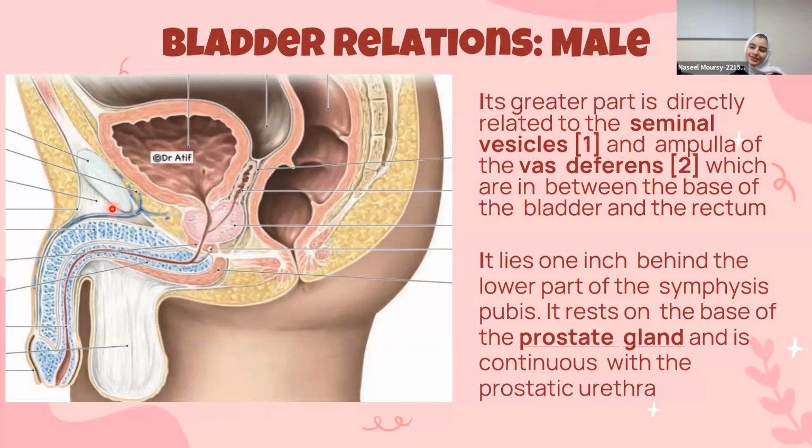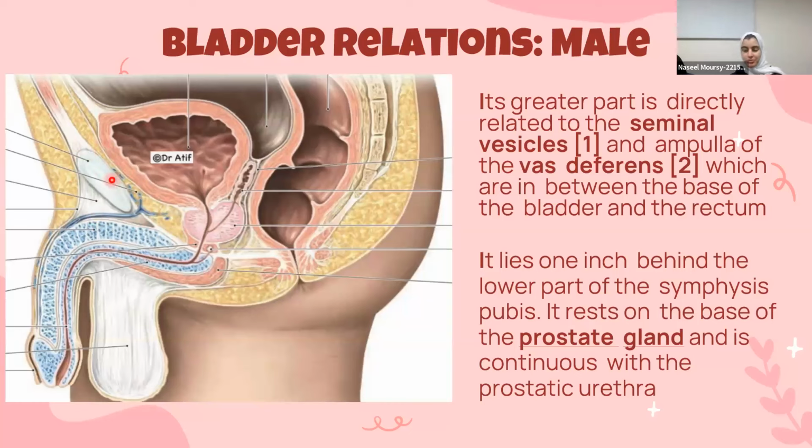Please tell us. So this is actually symphysis pubis. It kind of looks like cartilage, doesn't it? Right? And it's right in front of the bladder.